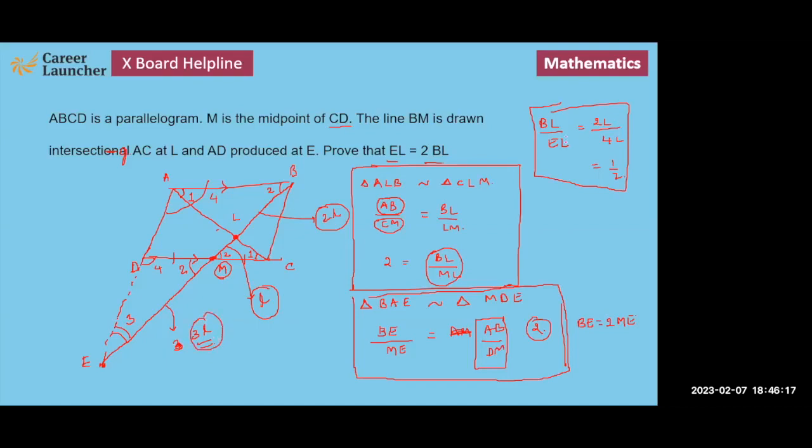We want to find out the length of EL and BL. So that will be 2L and 4L. Hence answer will be equal to 1 by 2. This will be one of your longer 4-mark questions, right?